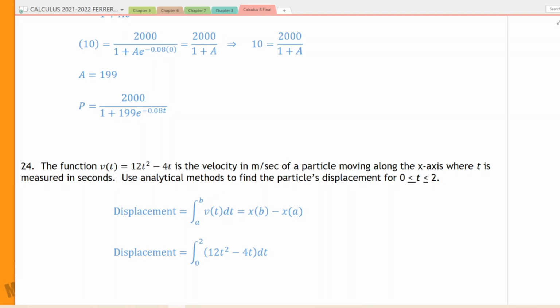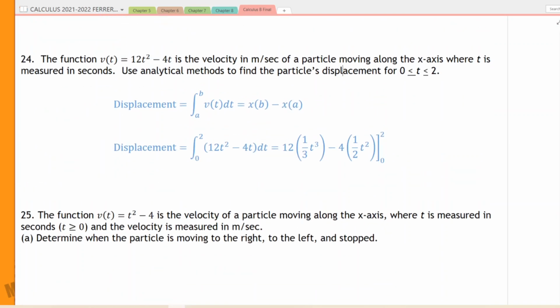The antiderivative of 12t squared is 12 multiplied by the antiderivative of t squared, which is 1/3 t cubed, minus 4 multiplied by the antiderivative of t, which is 1/2 t squared. We're going to evaluate this from 0 to 2.